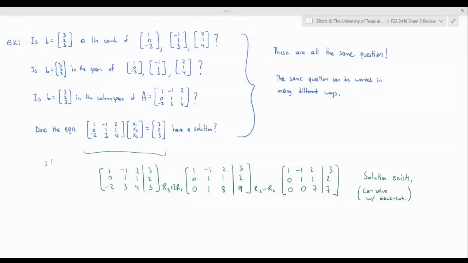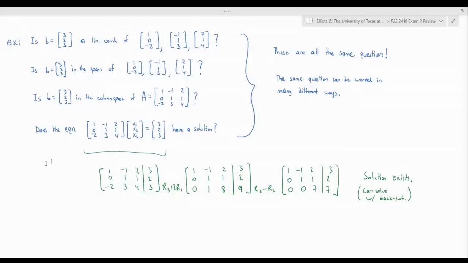So let's take a look at another example, specifically about column space. I think you had questions on your homework assignment of this type, where it was something to the effect of, find a condition on a vector B for it to be in the column space of some matrix.